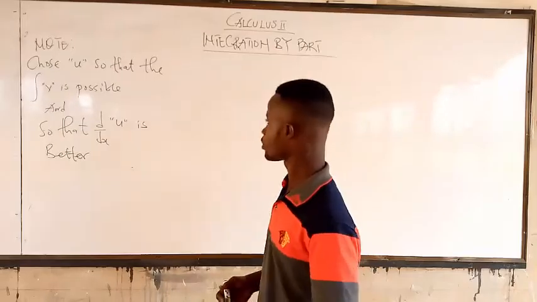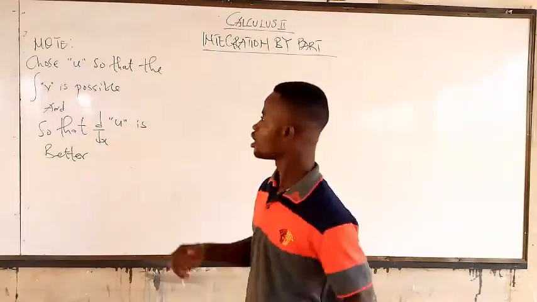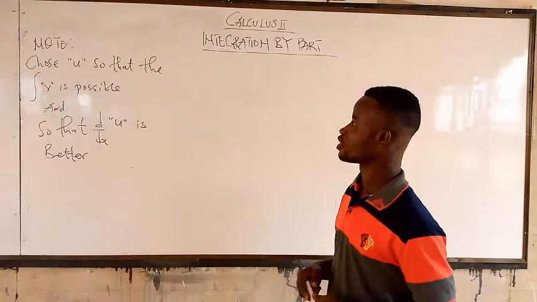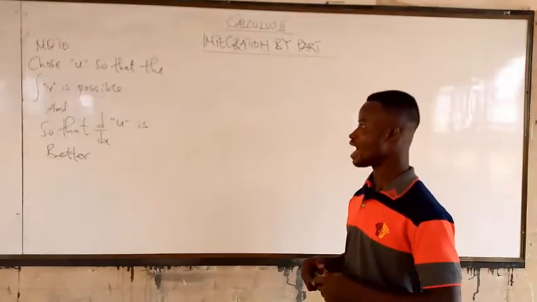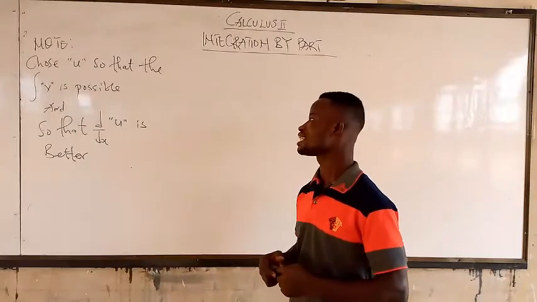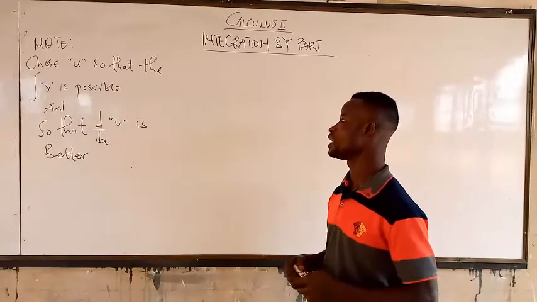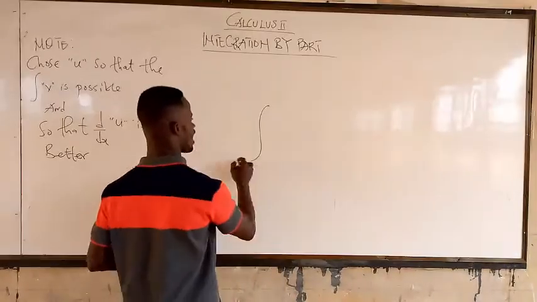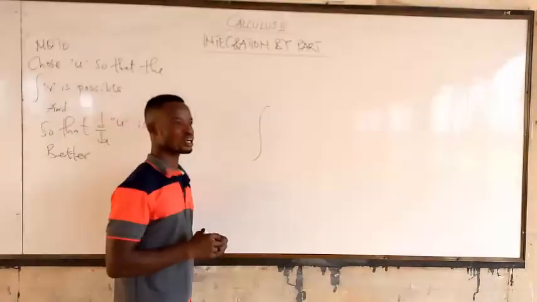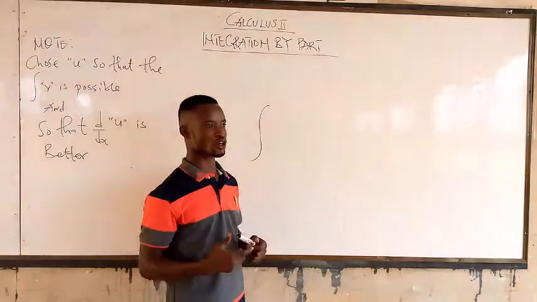Alright, so choose u so that the integral of v is possible, and so that the derivative of the u is better. For instance, I will solve this, I just want to introduce you before we solve questions.